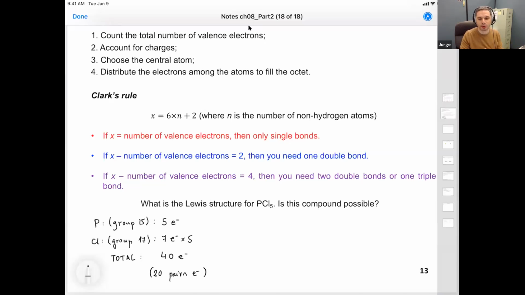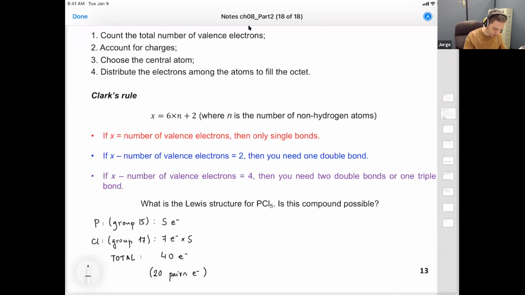Okay, so 20 pairs of electrons will be used to make all the covalent bonds needed, and to complete the octet for all the elements in the structure. So the strategy here, now that you know the number of total electrons that you have, is to pick the central atom. The central atom is usually the larger one, and usually the atom with the lowest number in the structure.